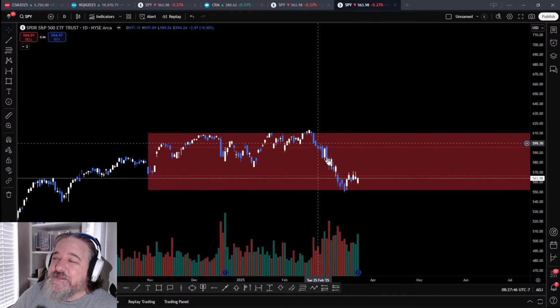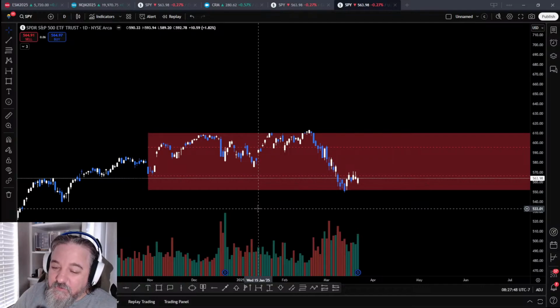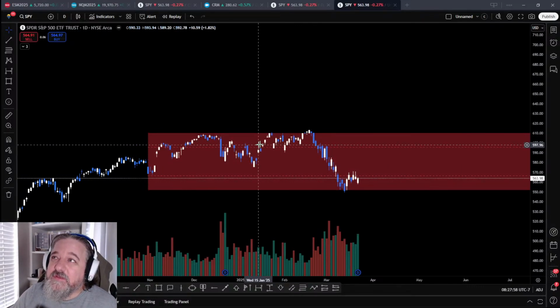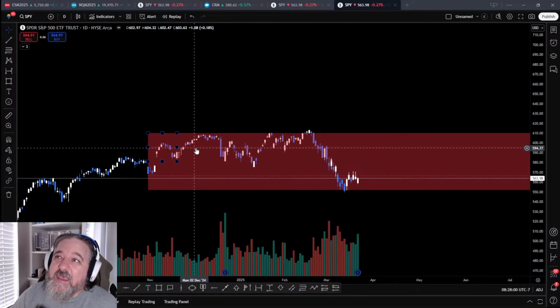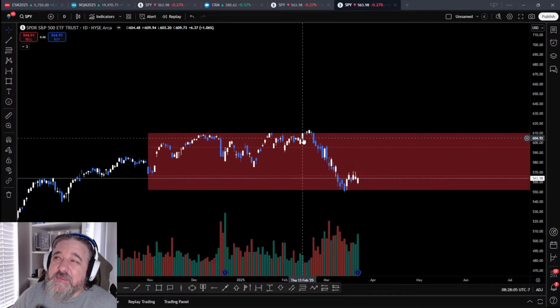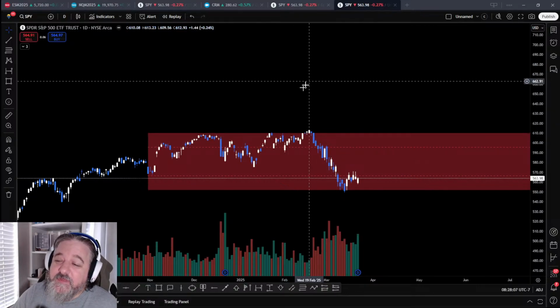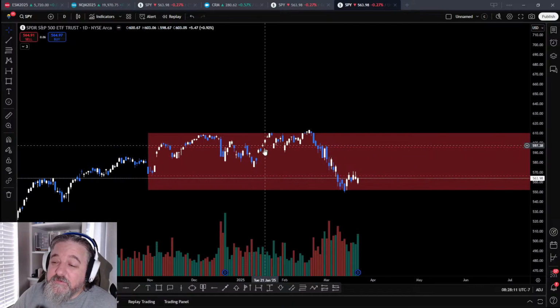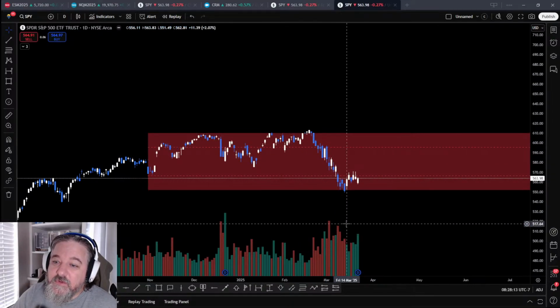So again, good to know where our price targets are based on things like bull flags, bear flags, sideways price action where we're consolidating in a range. When we have sideways price action like this, you're really expecting a pretty big move to the upside or to the downside, because they're either accumulating to go higher or they're distributing to go lower.